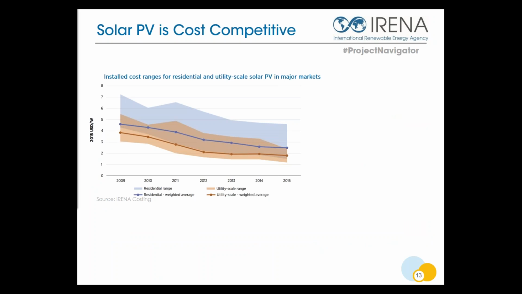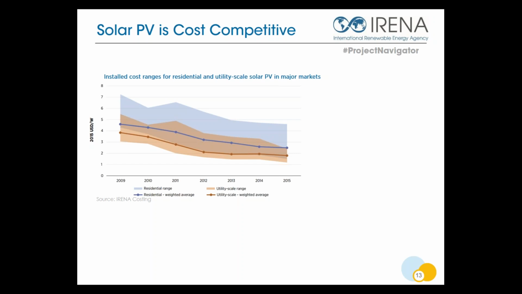A big driver for this continuous growth is, of course, the cost reduction. What this graph shows is the investment costs that we see for projects coming on stream. So this is not announced projects, but projects coming on stream. And you see that there is a clear downward trend.